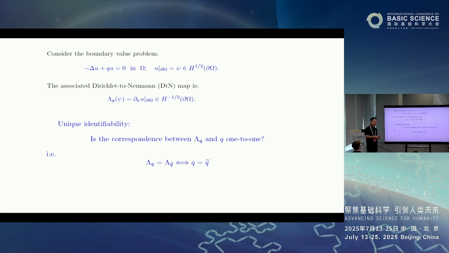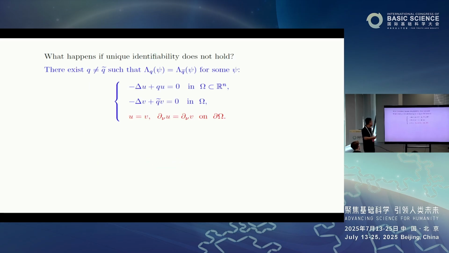We use the standard contradiction argument. Let's see what happens if this unique identifiability does not hold. In that case, there exists Q different from Q tilde such that lambda Q phi equals lambda Q tilde phi for some phi.